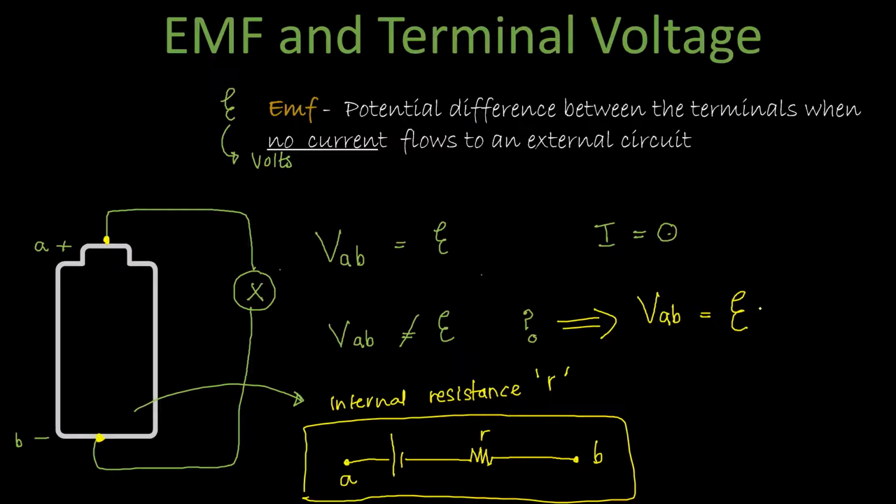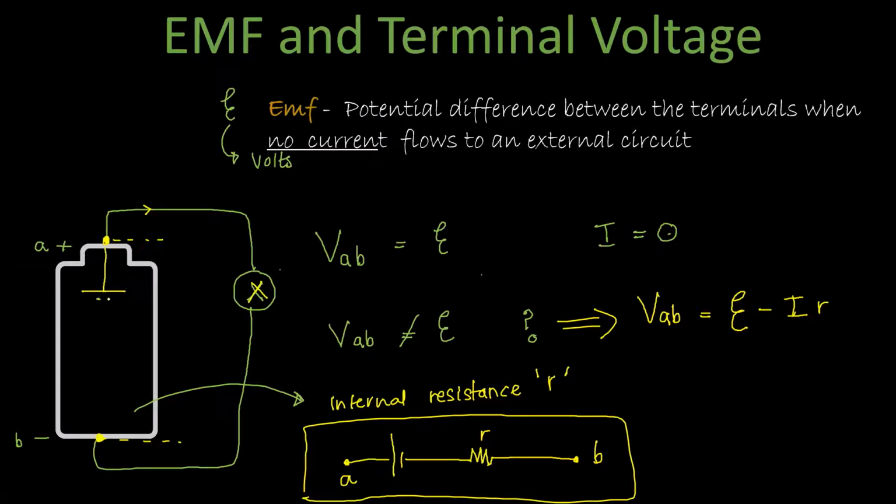So it is EMF minus the current flowing through your circuit times the internal resistance. When your battery is connected to an external circuit, the voltage across your two terminals is no longer the EMF. It is the EMF minus I times the internal resistance.